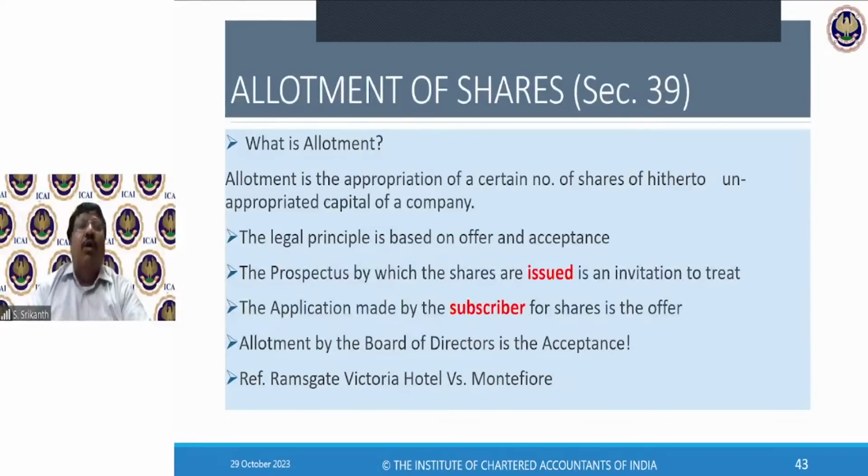This whole concept of offer and acceptance was laid down in a famous British case, Ramsgate Victoria Hotel versus Montefiore. Ramsgate Victoria Hotel versus Montefiore. You might notice, whenever I give a case law, I will not mention that 1929 AC 158 and all that. I will not mention. If you want, I can give it to you.